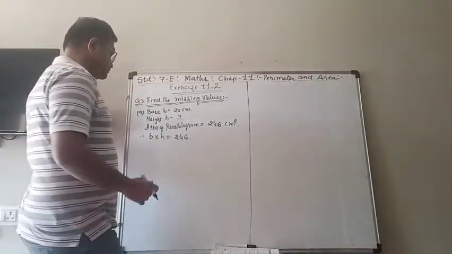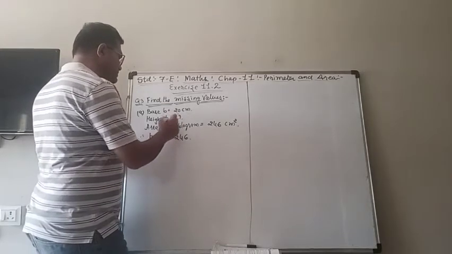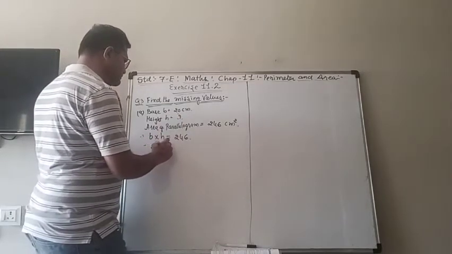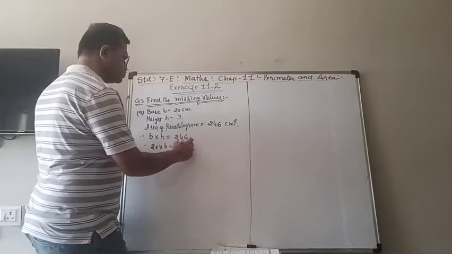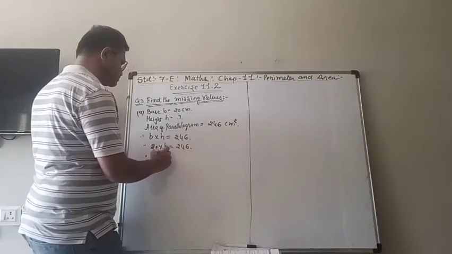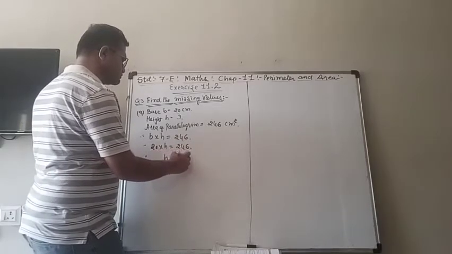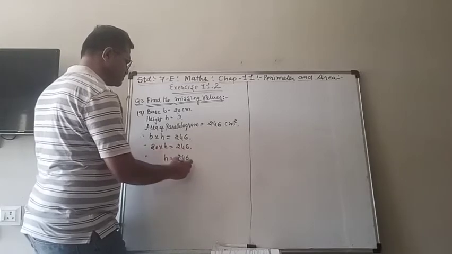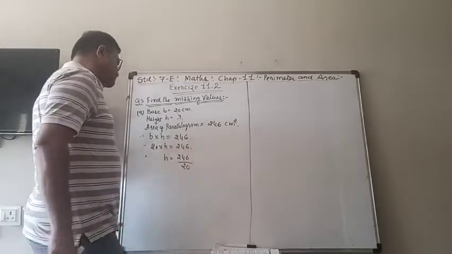So now the value of B is given, so 20 multiplied by H is 246. So H is equal to 246 divided by 20.